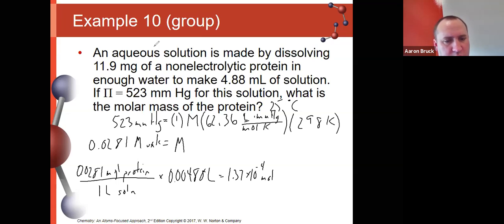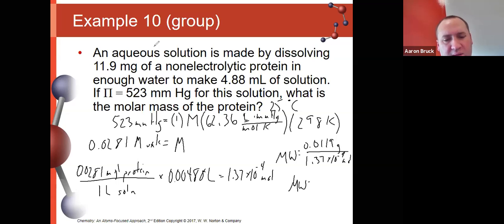And so my molecular weight would be equal to 0.0119 grams divided by 1.37 times 10 to the negative fourth moles.